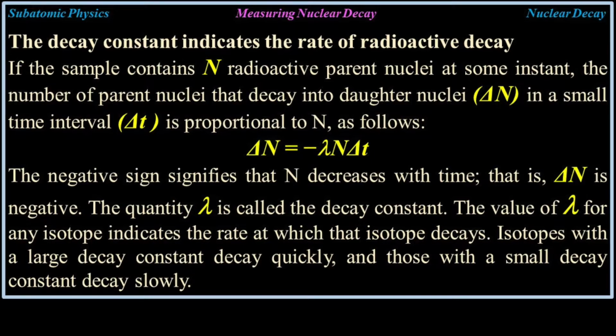The negative sign signifies that n decreases with time. That is, delta n is negative. The quantity lambda is called the decay constant. The value of lambda for any isotope indicates the rate at which that isotope decays. Isotopes with a large decay constant decay quickly, and those with a small decay constant decay slowly.